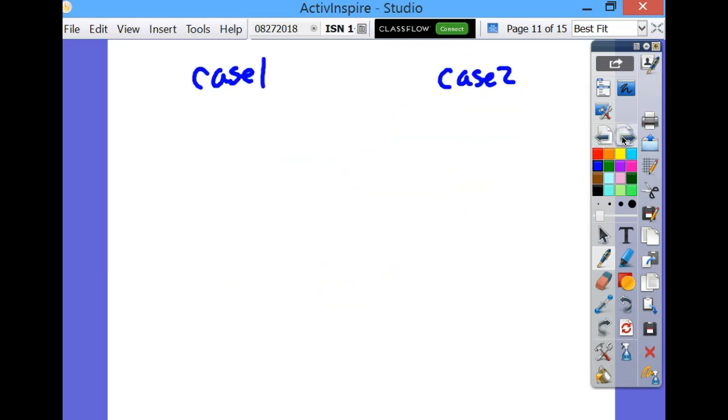And so this is going to be x minus 4 equals 6. Exactly the same problem without the absolute value. Do we have exactly the same thing without the absolute value signs? That is case 1.